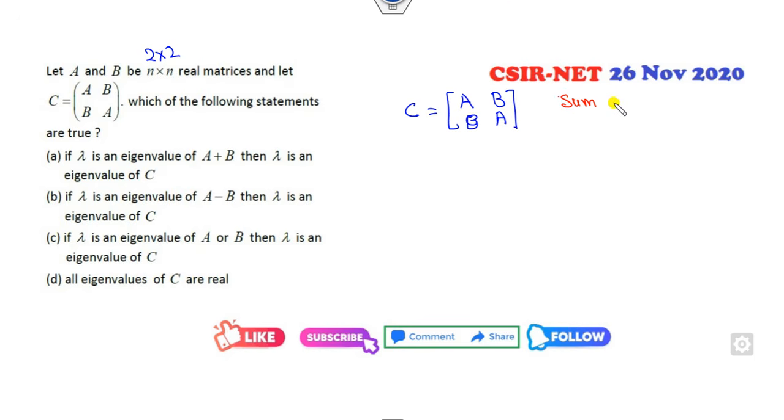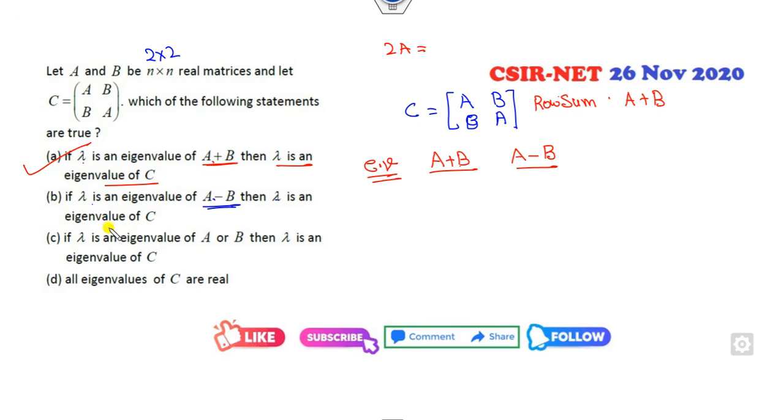First of all, you can see that the row sum is A plus B. So definitely A plus B is one of the eigenvalues of C. If lambda is an eigenvalue of A plus B, then lambda is an eigenvalue of C. Correct option. Can you find the other eigenvalue? The trace will be 2A, so the other eigenvalue will be A minus B. So if lambda is an eigenvalue of A minus B, lambda is also an eigenvalue of C.